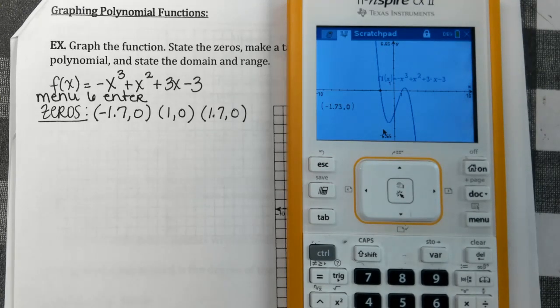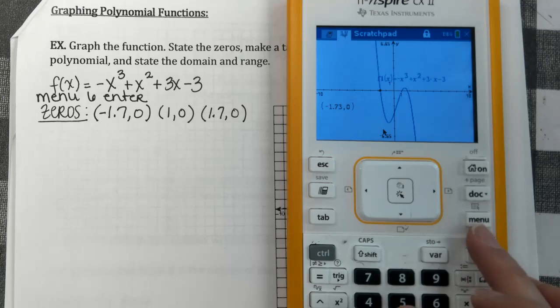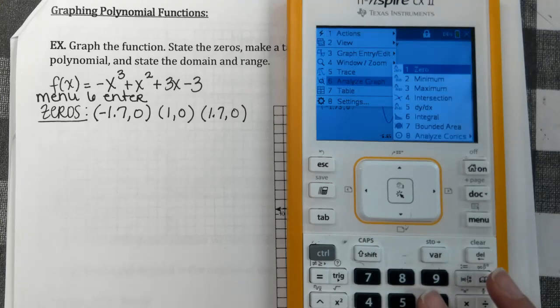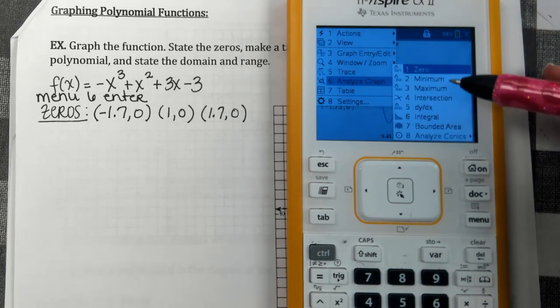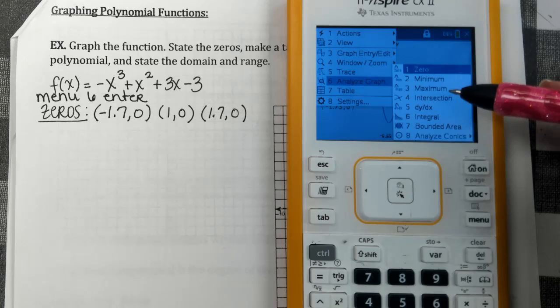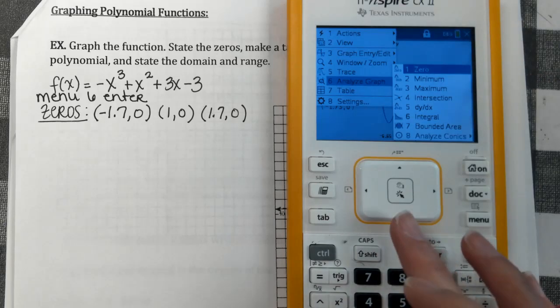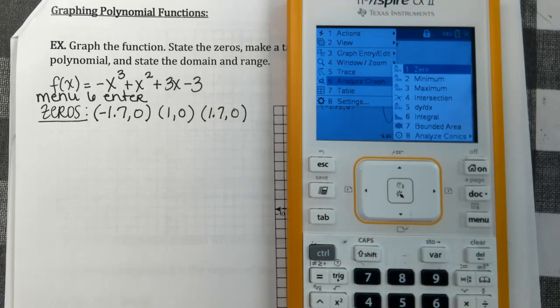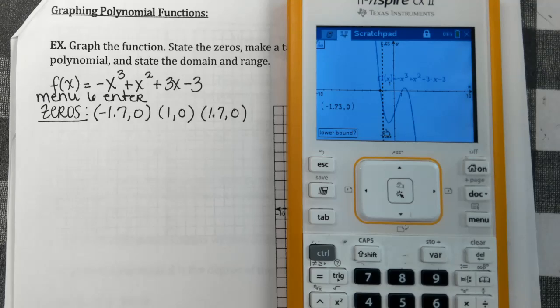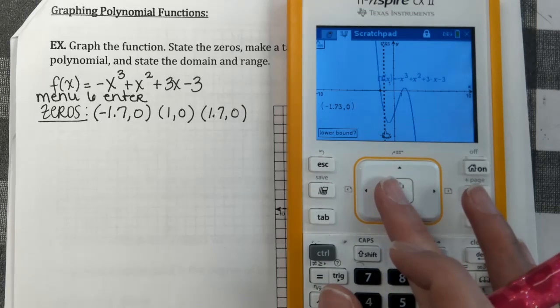So to find your max and min, you're still going to do menu 6, but you'll have to choose either 2 or 3. If I'm finding my minimum, I'm going to do menu 6 2, and I get another dashed line. I'm going to do the same steps that I just did, but I'm going to go around the minimum.